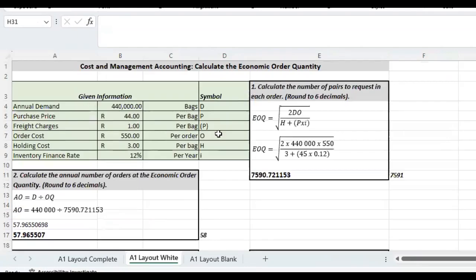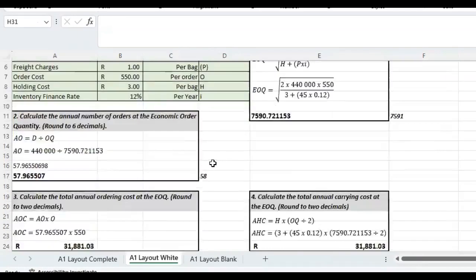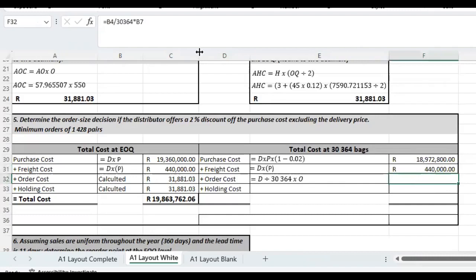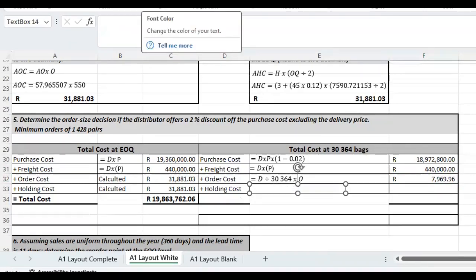Just reminding you there, we know what our order cost is. It's 550. And then we put it in there and we get the calculation. And it's good news. It is way less than the order cost as we expect. I can tell you already that you must expect that this holding cost is now going to be considerably more because we're keeping a lot more units in stock at a time.